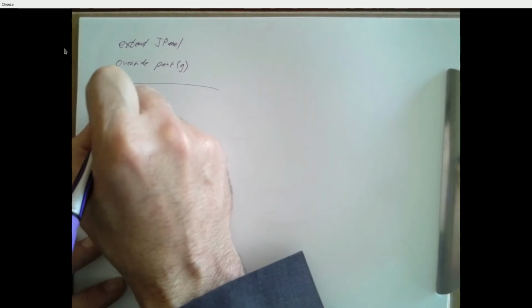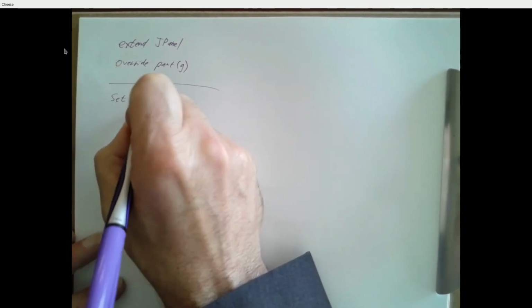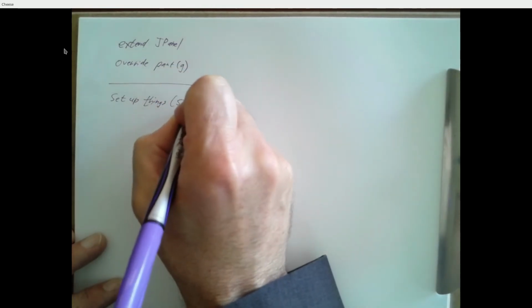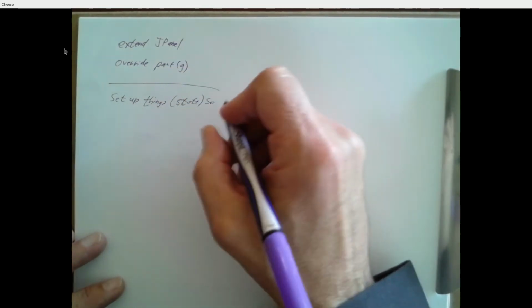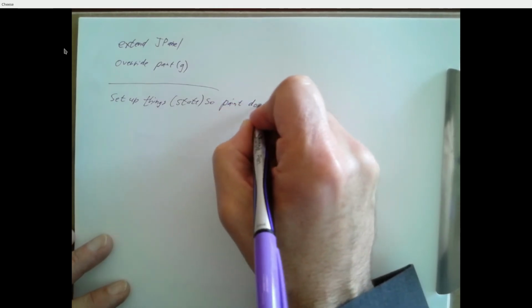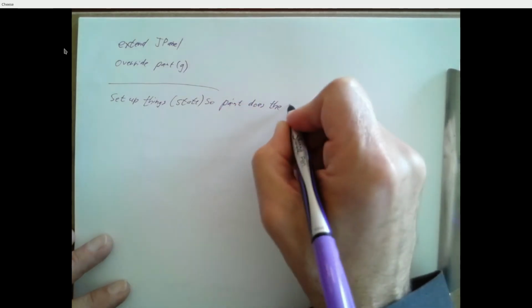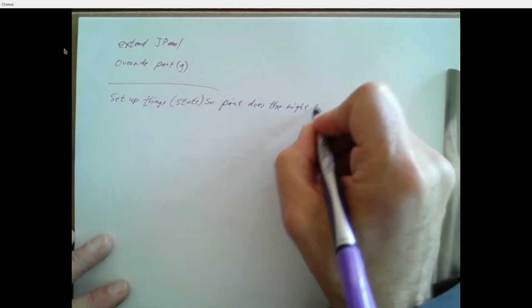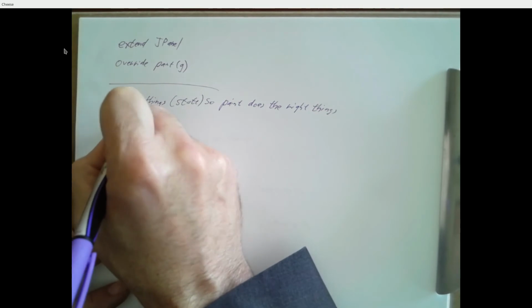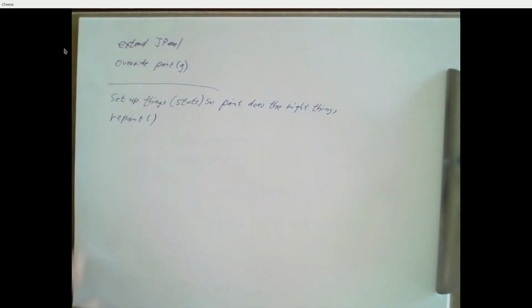And then elsewhere, set up things. That's what we call state. So paint does the right thing. And then call repaint. So it's really 4 steps.